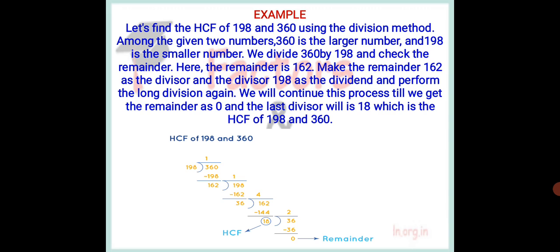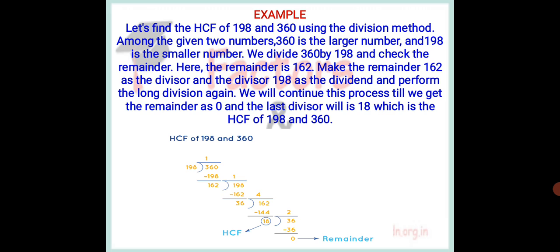Example. Let's find the HCF of 198 and 360 by using the division method. Among these two numbers, 360 and 198, we have to find the highest common factor lying between them.